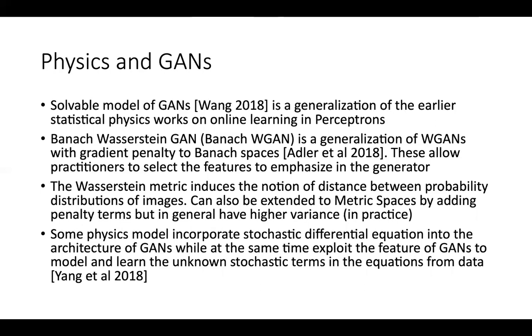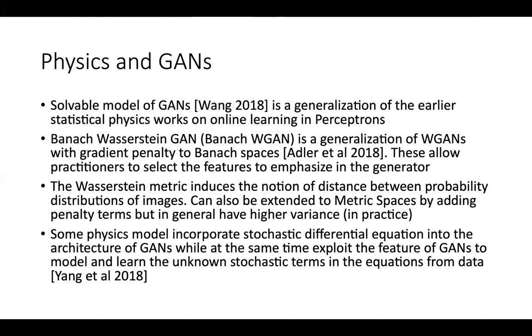So the idea behind the Wasserstein metric was that we're looking at the distance of probability distributions in the images, and if we extend this to this Banach space, then we can generalize this notion and create much better models.